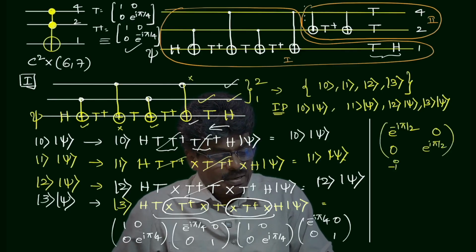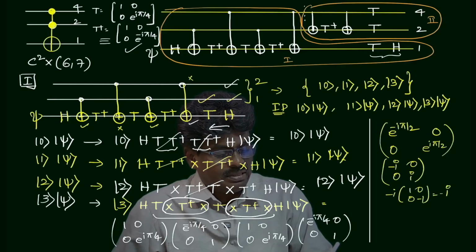So this is nothing but minus i, 0 0 i. I can take minus i common. So this is quite interesting. If I take minus i common, this will become 1 0 0 minus 1. Oh, this is nothing but Z.